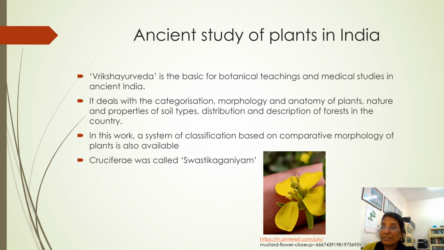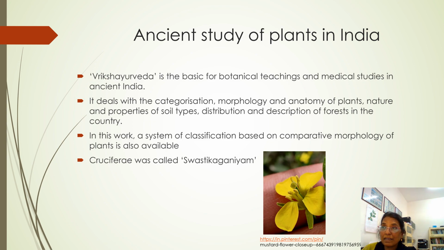This work deals with the categorization, morphology, and anatomy of plants, nature and property of soil types, distribution, and distribution of the forest in the country. It also covers the systems of classification based on the comparative morphology of plants. Now, the example you're seeing here is the flower of a cruciferous member, where the petals are in the form of a cross.